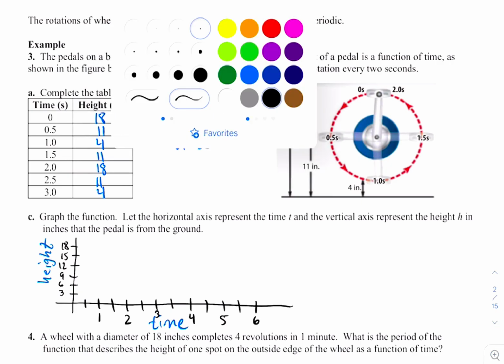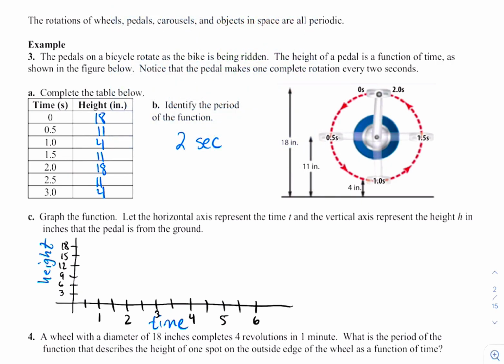And now I'm just filling in my points. At 0, I'm up at 18. Half a second, I'm at about 11. 1 second, I am at 4. 1.5, back to 11. 2, up at 18. 2.5 is at 11, and then 3 is down at 4.